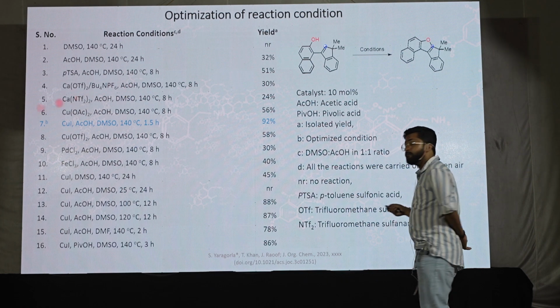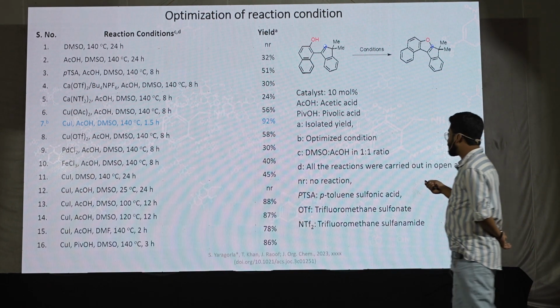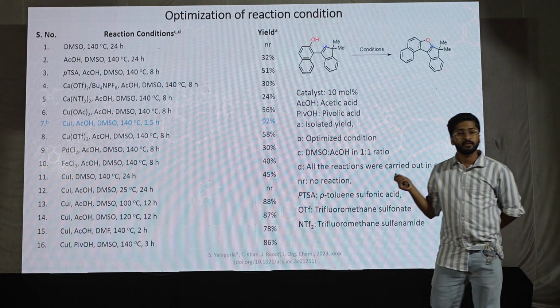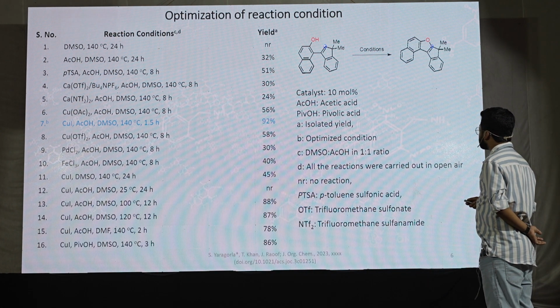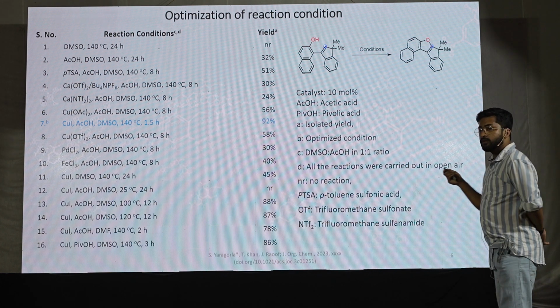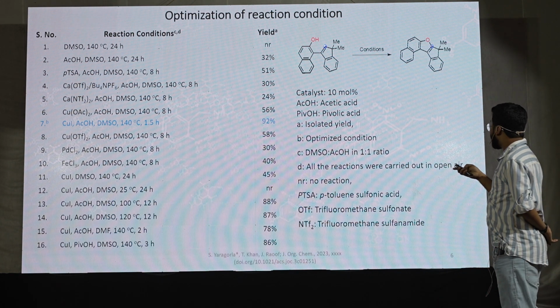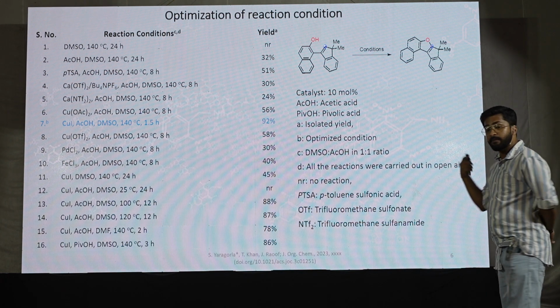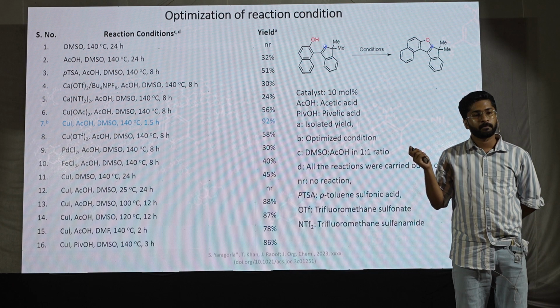But they did give moderate yield, but a copper iodide complex gave an excellent yield. So maybe because the hydrogen iodide that is released is instrumental in oxidizing the copper back to copper 2.